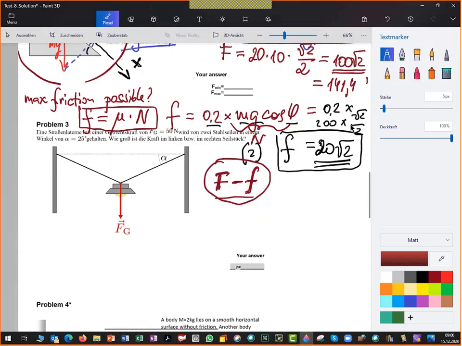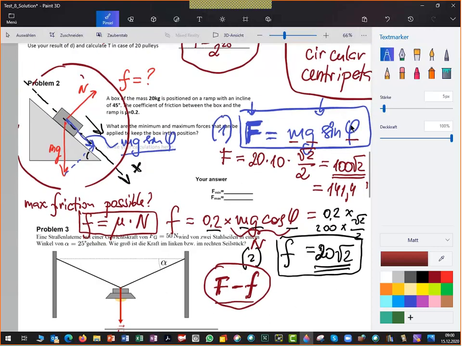On the other hand, if you increase your force in your finger and you try to shift the block upwards, again, it will be the friction force which will oppose you, but this time it will work in the opposite direction.